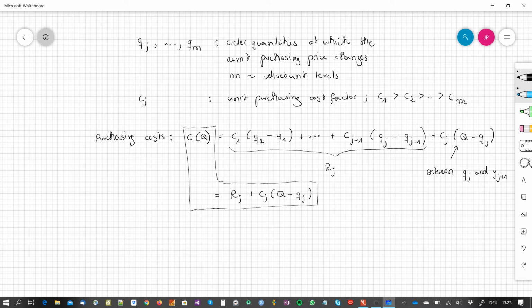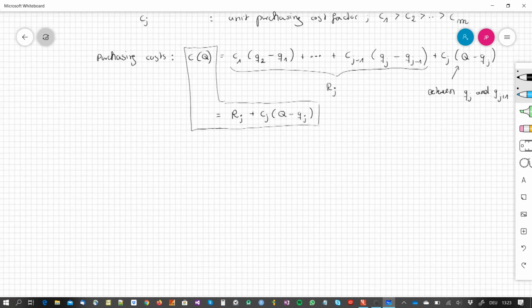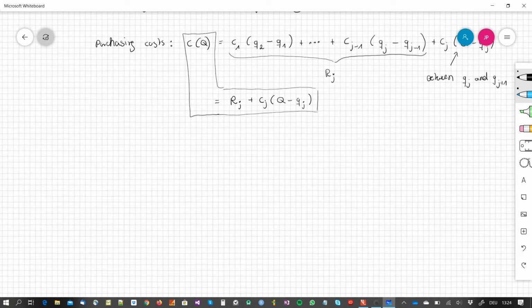You will see further on. We want to have the per unit purchasing cost, so we need to divide our pricing scheme by the quantity that we will order. We need to do that, of course, for all the terms.